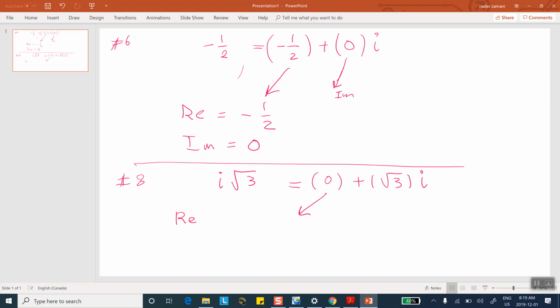The real part is 0, and the imaginary part is the thing that is multiplied by I, root 3. Once again, I want to emphasize, please do not put the I here, because a lot of people have a tendency to put the I there. No, don't put it there. Imaginary part is the number, the real number that's multiplied by I. There's the imaginary part.